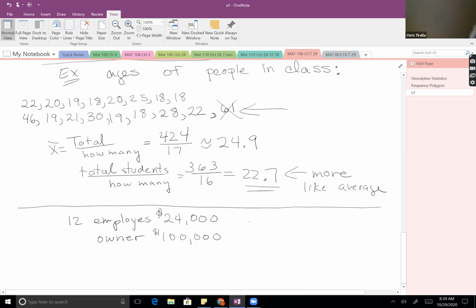If I look at the average salary, there would be 12 people who make that $24,000 and the one person who makes that $100,000, divided by 13.